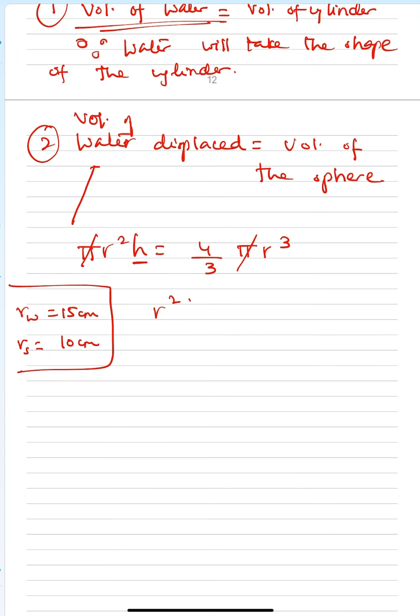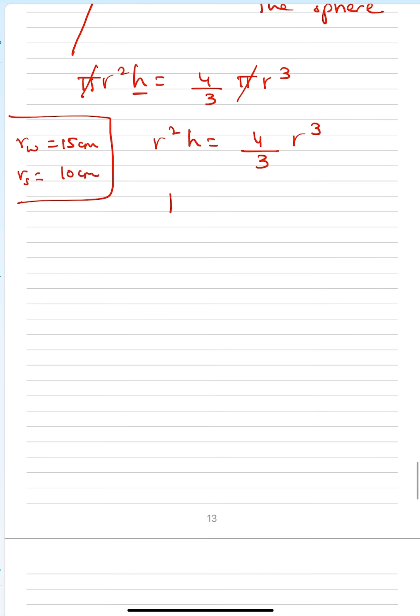So the formula is r square h is equal to 4 by 3 r cube. Now let us keep h here, and 4 upon 3 times rs cube, the radius of the sphere, and this is the radius of the water, which is squared.